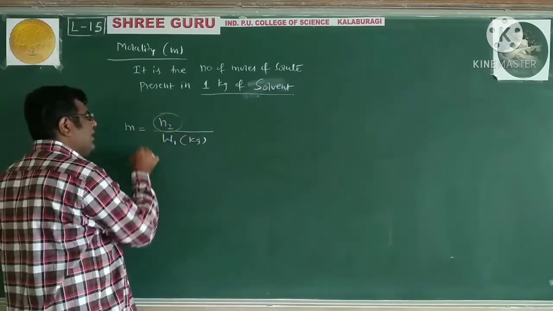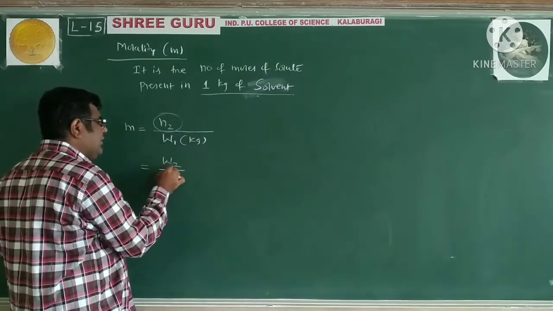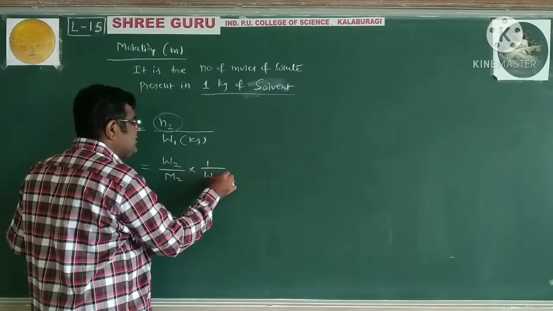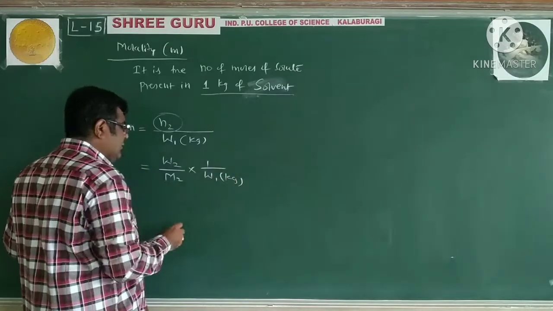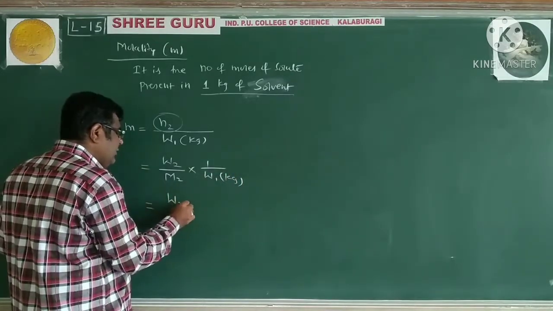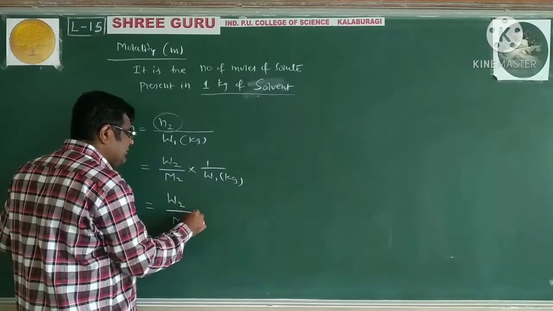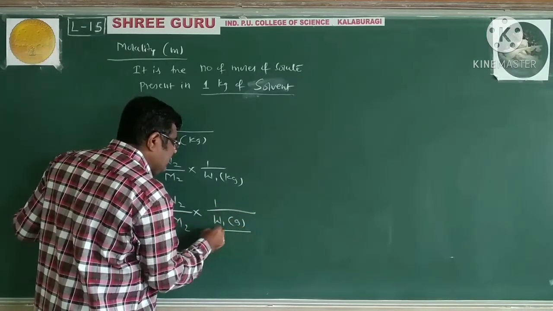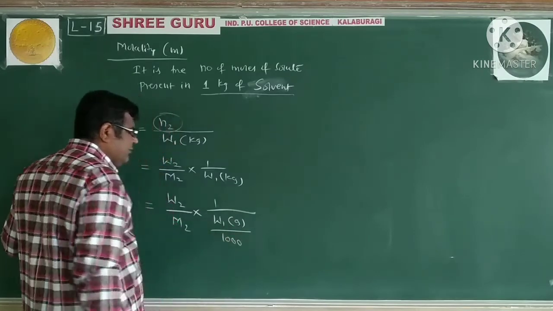This N2 can be converted to W2 by M2, and the kilogram can be converted into gram by dividing by 1000.